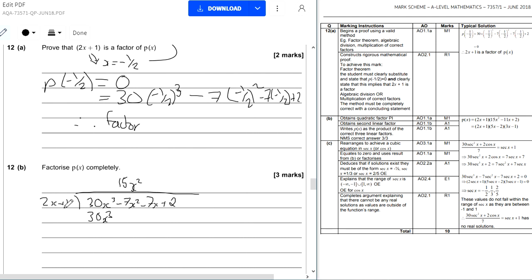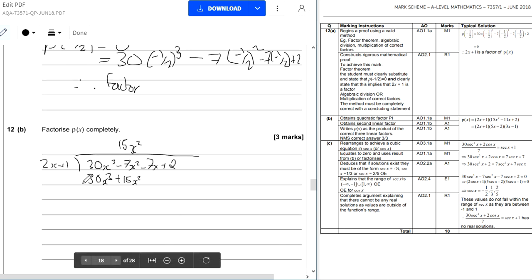So bringing that down and times-ing by that, I'm going to get 30x cubed plus 15x squared. And then I've got to take this away from this. So that's going to give me 0. Minus 7 minus 15 is going to give me minus 22.